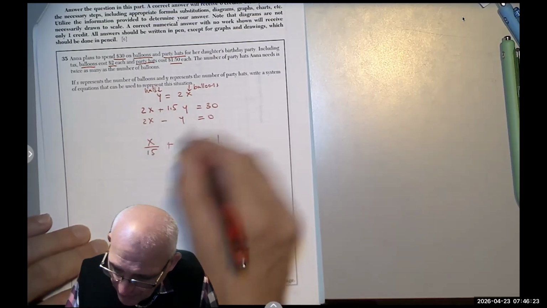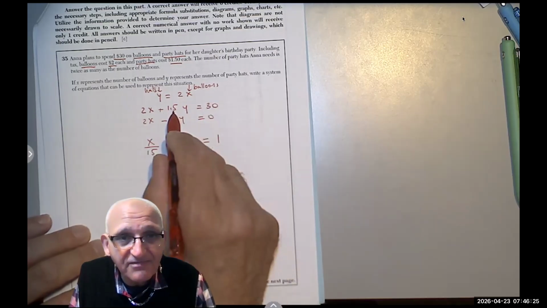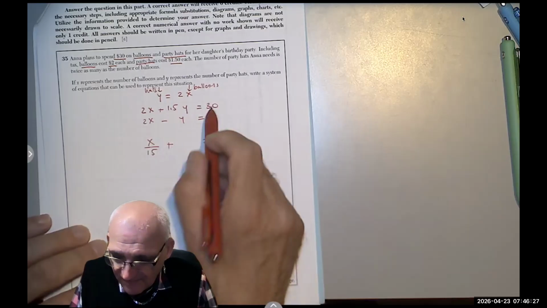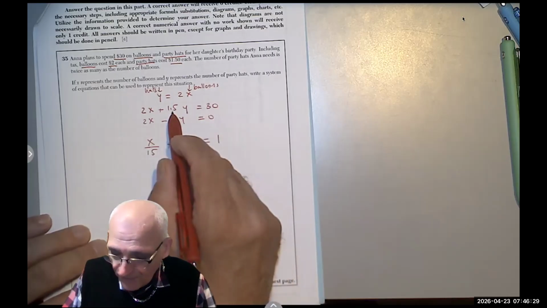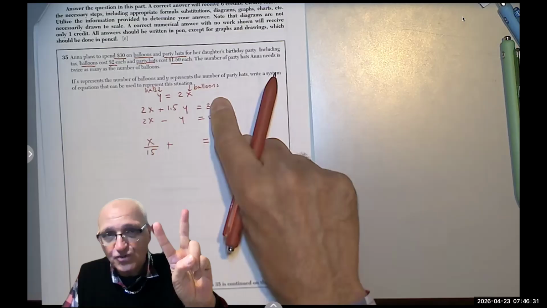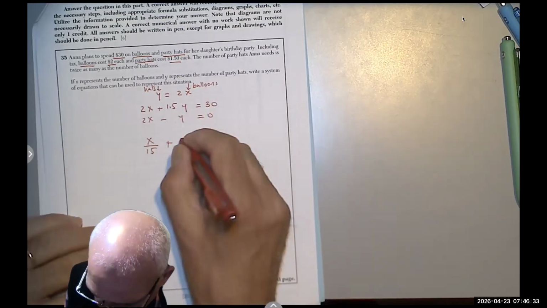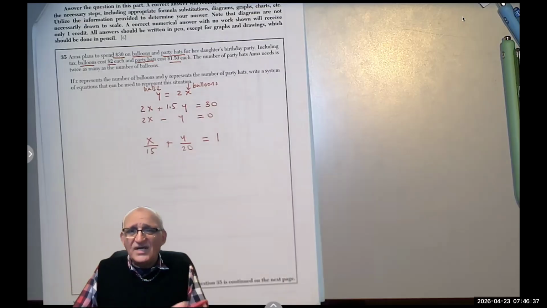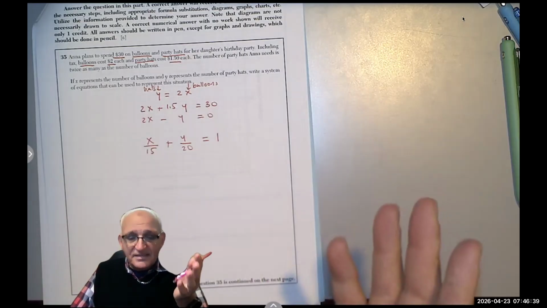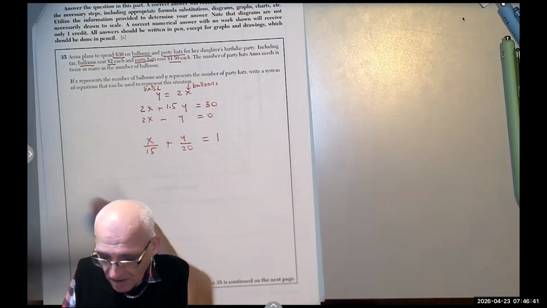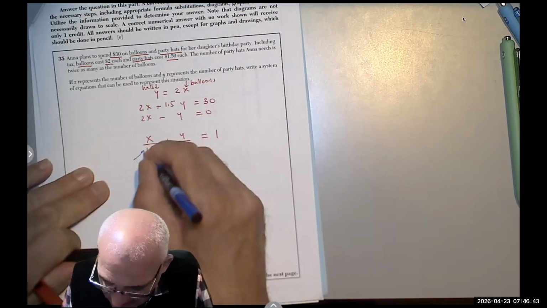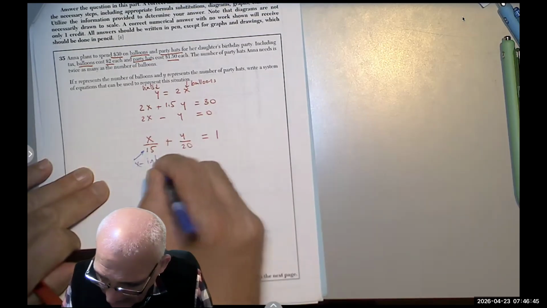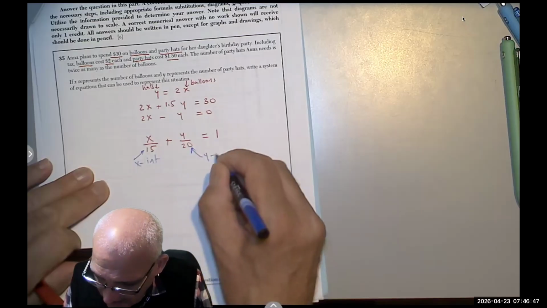Plus 30 divided by 1.5. Notice that 30 divided by 1.5, or 3 divided by 0.15, is 20. So 30 divided by that is 20. And this is the same equation. And you say, why do you make it fractional? It's so complicated. No. This is the x-intercept, and this is the y-intercept.